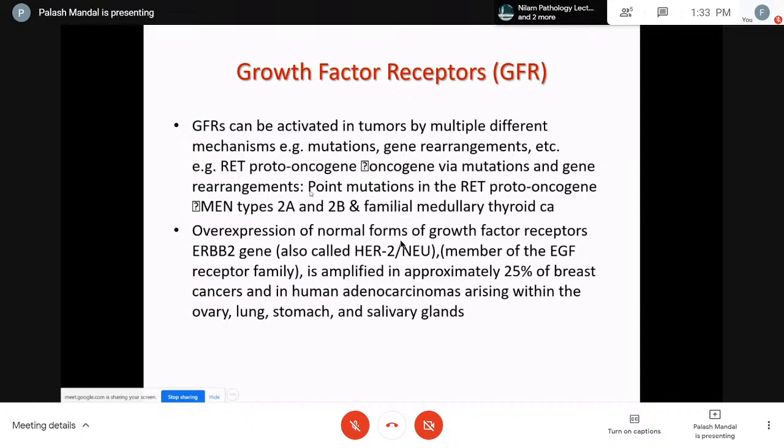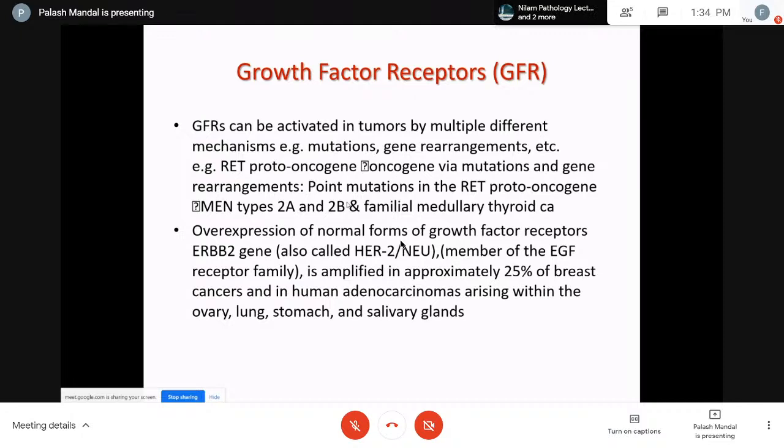Point mutations in the RET proto-oncogene lead to multiple endocrine neoplasia types 2A and 2B and familial medullary thyroid carcinoma. So these are the examples.